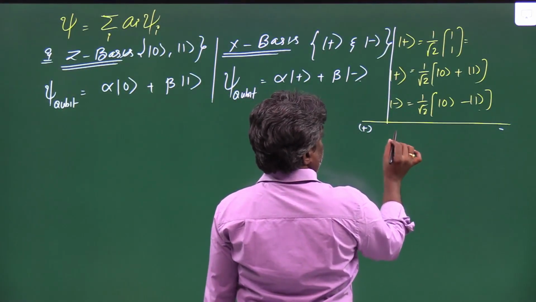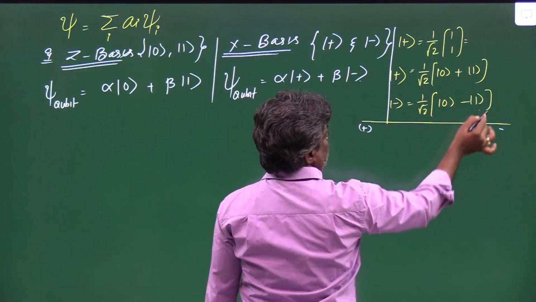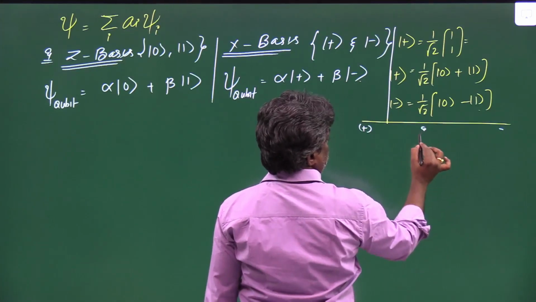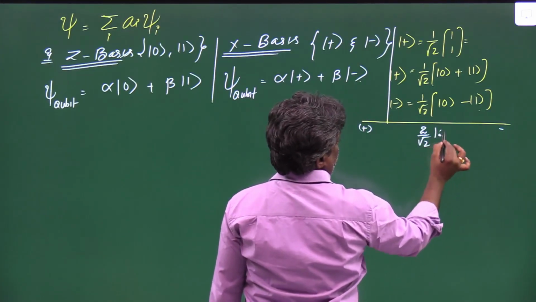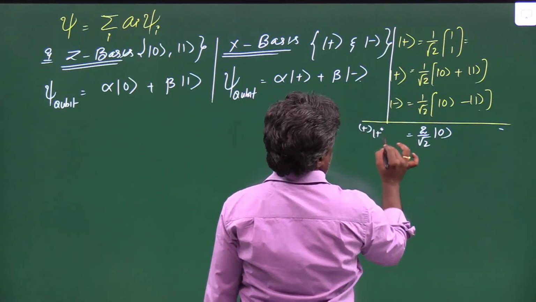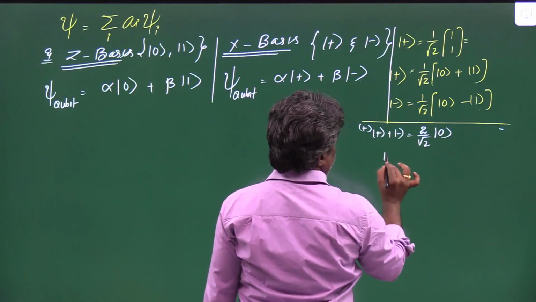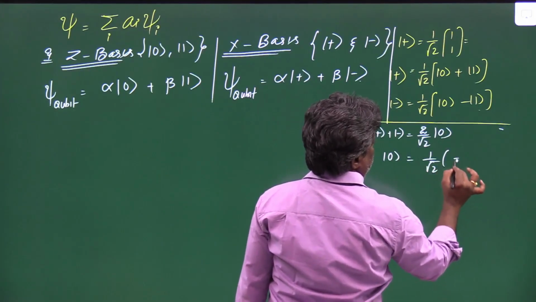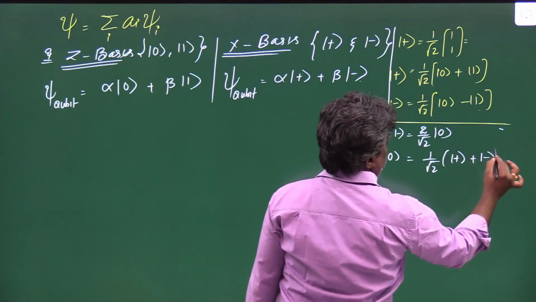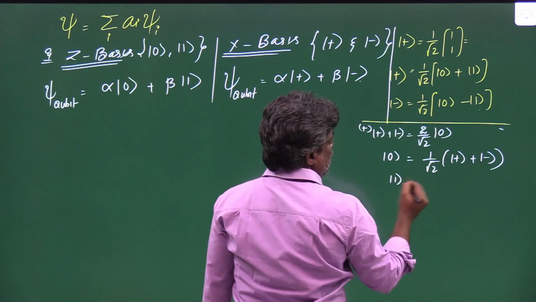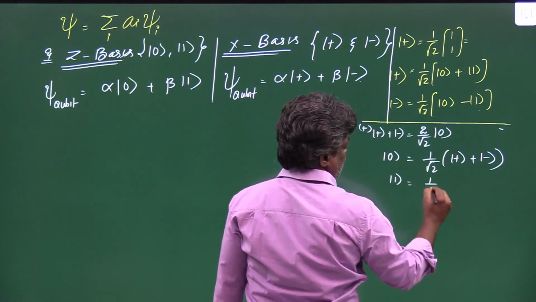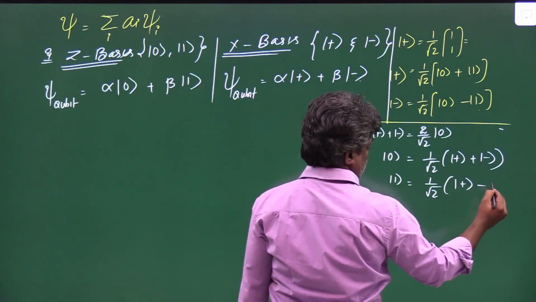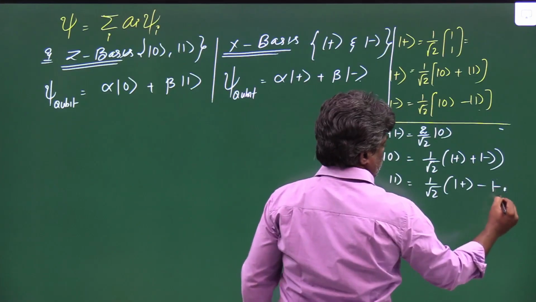The ket 1 terms cancelled, and the ket 0 terms added, so we got 2 by root 2, that is root 2 times ket 0. So finally ket 0 equals 1 by root 2 (ket plus plus ket minus). Am I right? Similarly, please tell me ket 1. It is 1 by root 2 (ket plus minus ket minus).